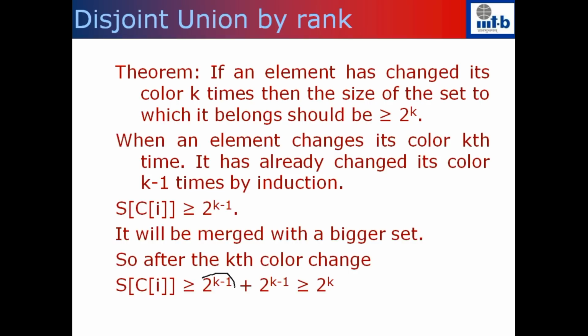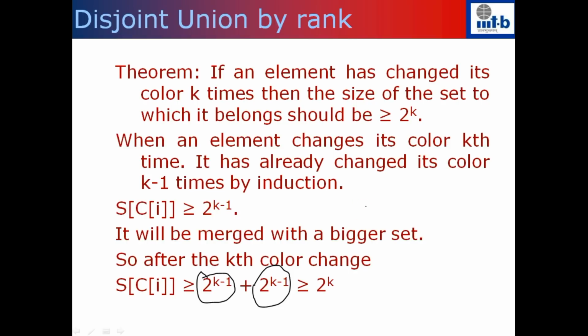So the size of the set to which it belongs is 2 to the power k minus 1, and this is going to be merged with a set which is bigger than this. So that will obviously have more than 2 to the power k minus 1 number of elements. So the size of the set to which it belongs will be 2 to the power k minus 1 plus 2 to the power k minus 1, which by induction is greater than or equal to 2 to the power k.